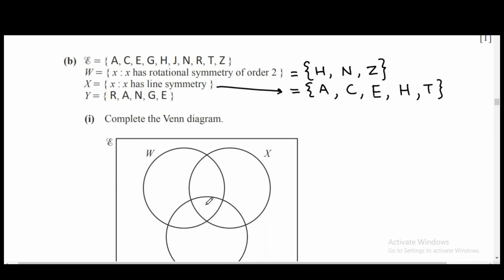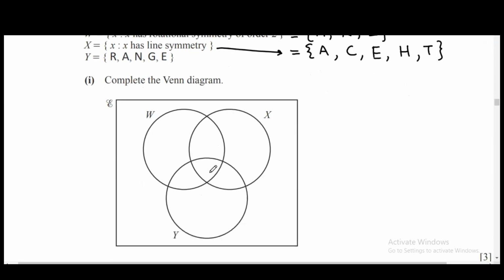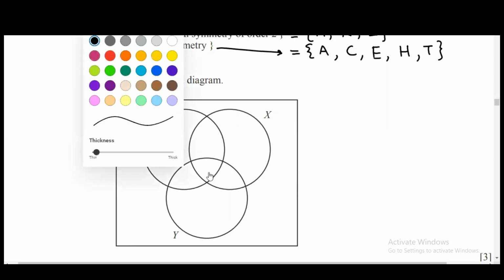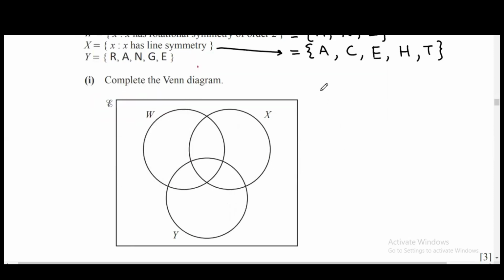This region is the common region of the sets W, X, and Y. So find out the common elements for W, X, and Y. I think there is no common element, so leave this region blank or empty.